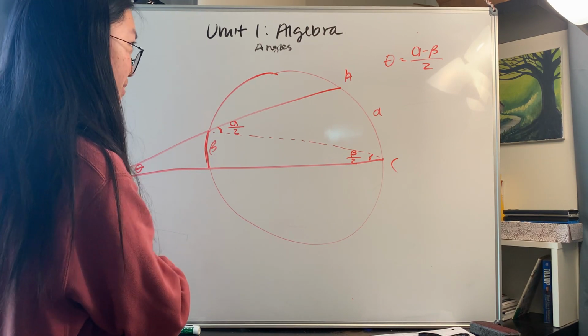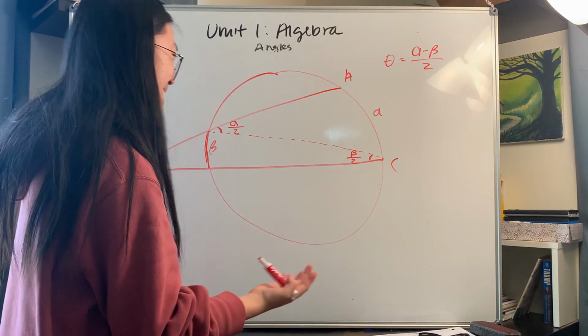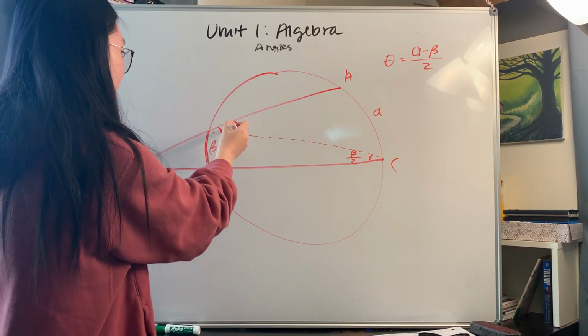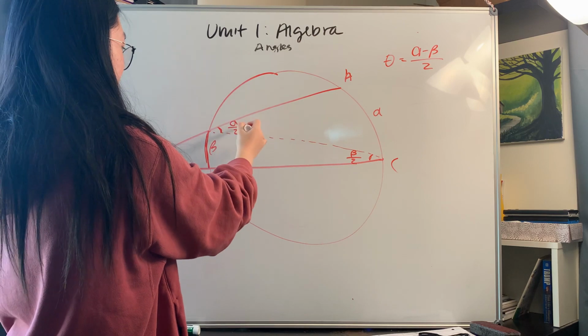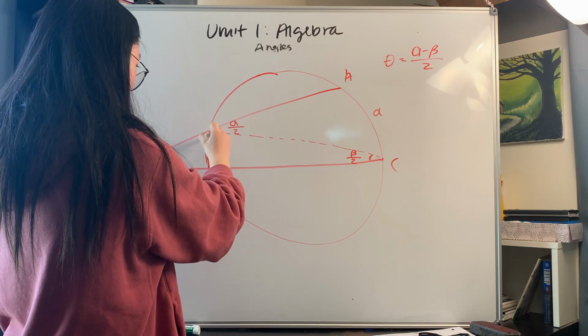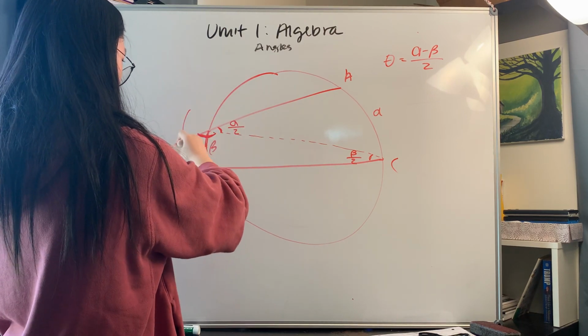And I feel like I should note that maybe these might be alpha and beta, but I'll just call them A and B. And we're trying to figure out theta, but because we know that this angle over here is equal to A divided by 2, and these two angles are supplementary, we can figure out what this angle is equal to.